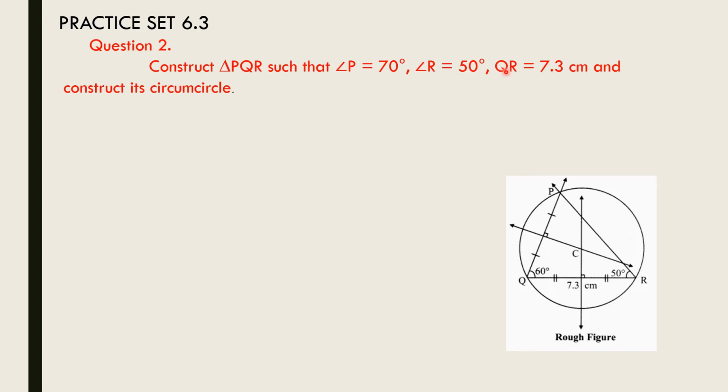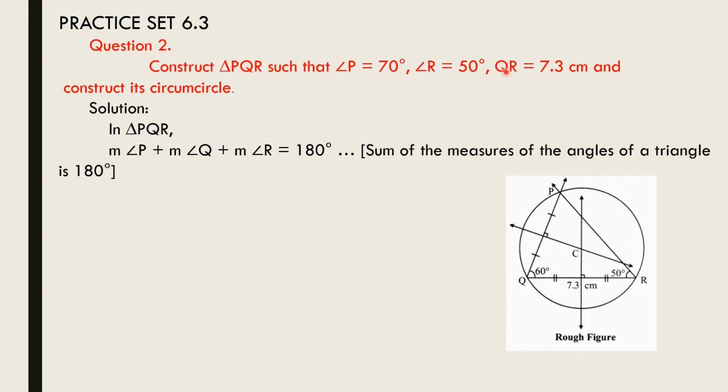Solution: in triangle PQR, measure of angle P plus measure of angle Q plus measure of angle R is equal to 180 degree, because sum of the measures of the angles of a triangle is 180 degree. And therefore 70 degree plus measure of angle Q plus 50 degree is equal to 180 degree.